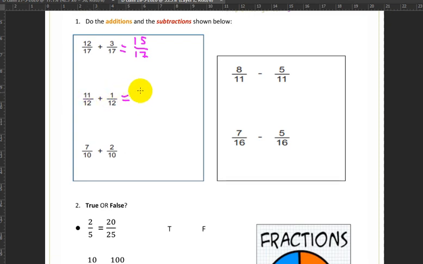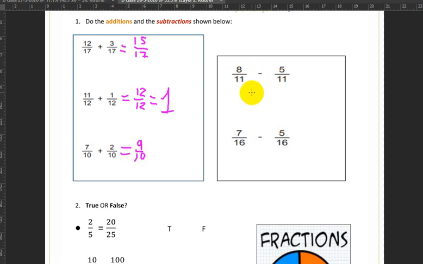Then we have 7/10 plus 2/10. And this is equal to 9/10.